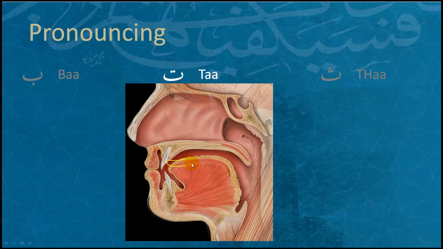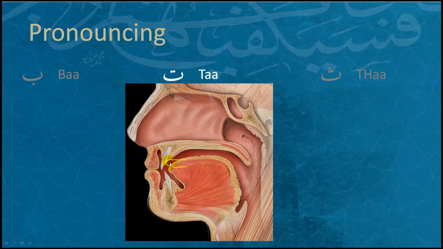It doesn't come from the bottom up. It's going straight at your teeth, and you're not using the exact tip of your tongue. You're using more of the top of your tongue. Ta. When you pronounce ta, it's not just the tip of your tongue that's doing the work. It's a bit more.